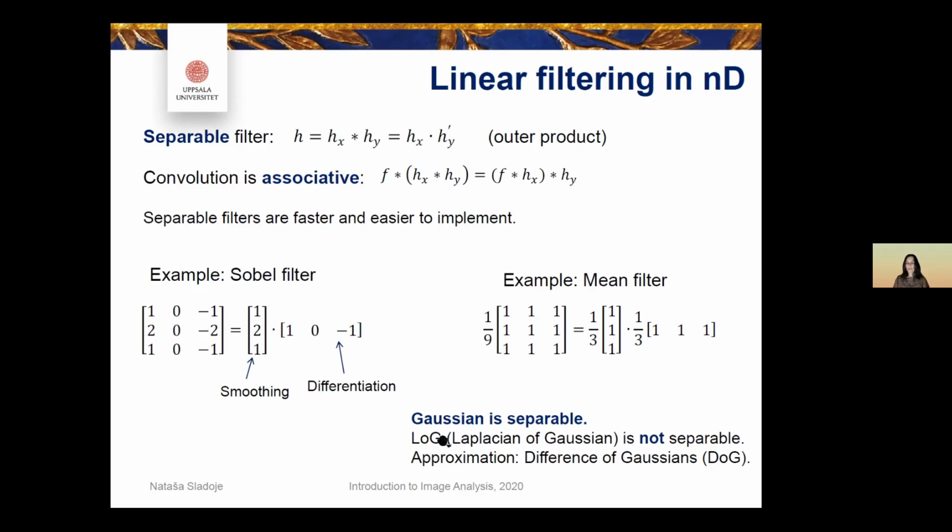Since Laplacian of Gaussian is an important filter but not separable, there is a well-known and often used approximation, which is realized as a difference of Gaussians. By selecting two suitable Gaussian filters and applying them sequentially or jointly, we can approximate this LoG filter. However, this DoG filter will then be separable, and we can use the advantages of that.